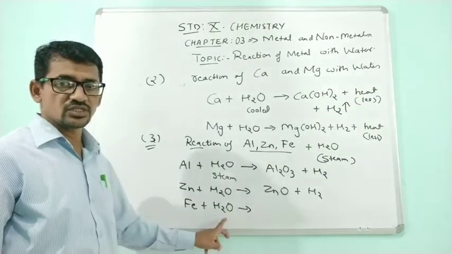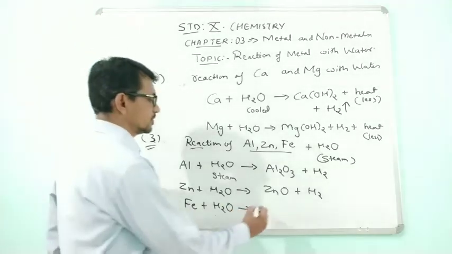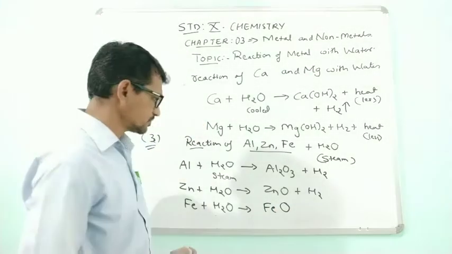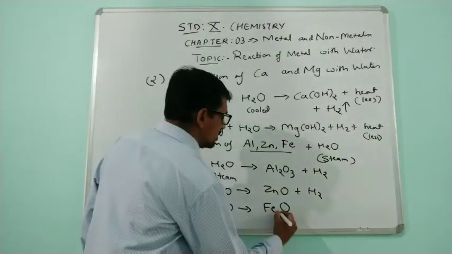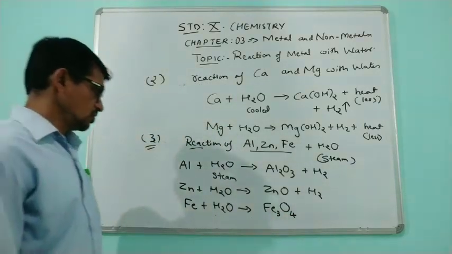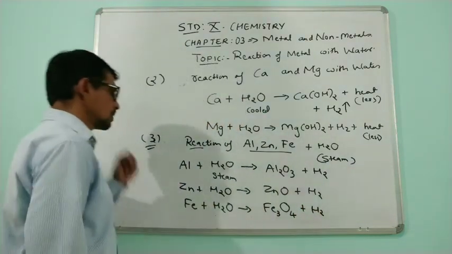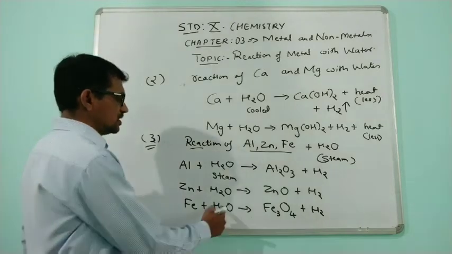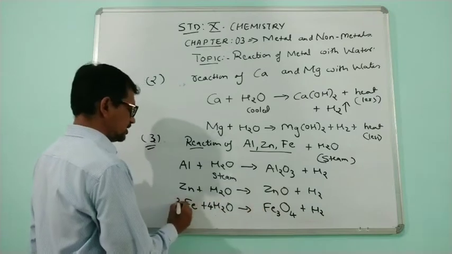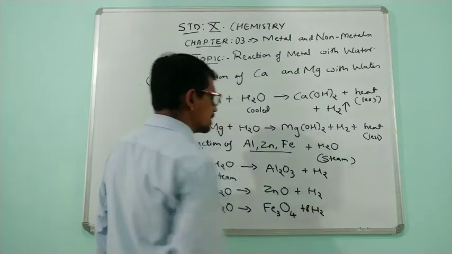When it is heated with the steam, it is converted into ferric oxide, Fe3O4, plus hydrogen gas. You can balance the reaction: oxygen here is 4, so it is 4. Fe3, so you make it 3. Hydrogen then comes to 8, so here it will be 4H2.